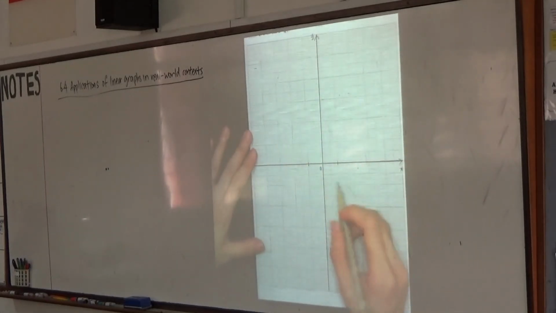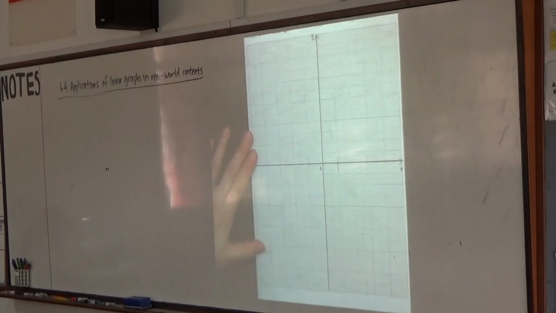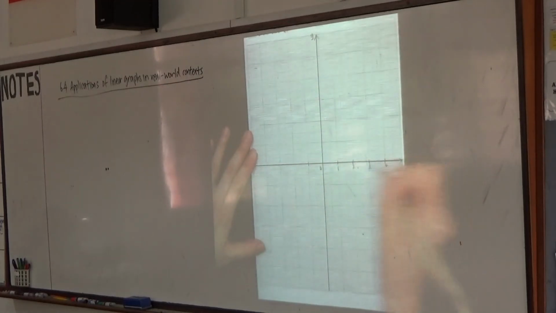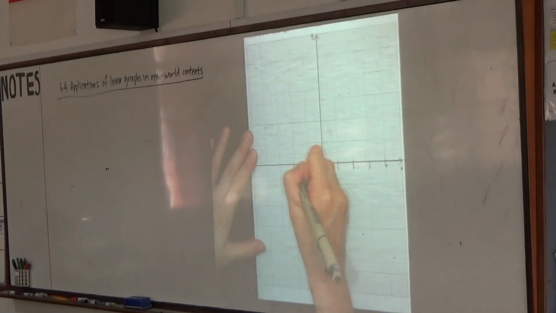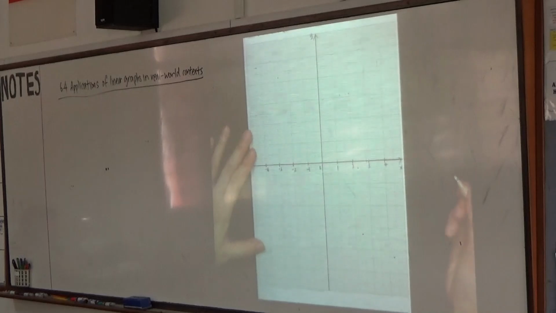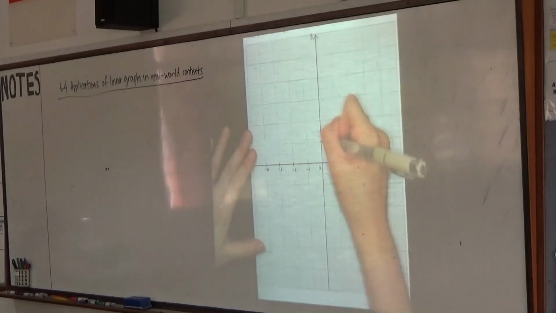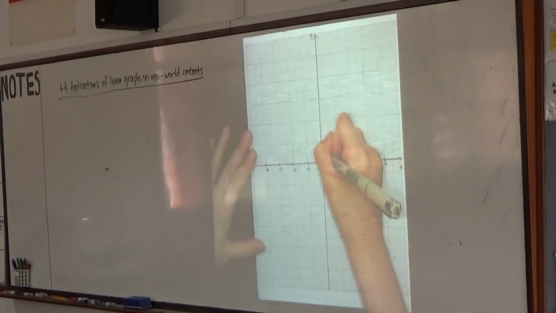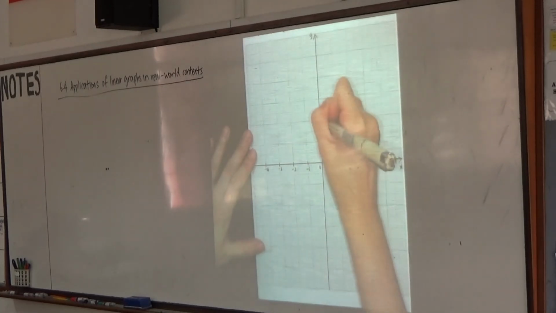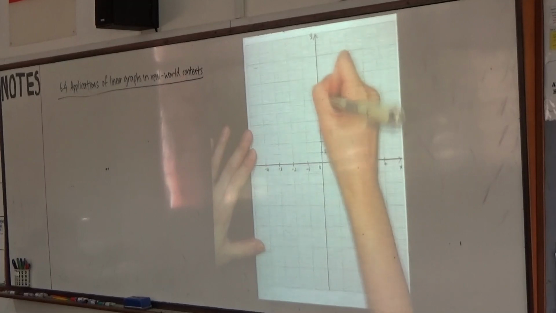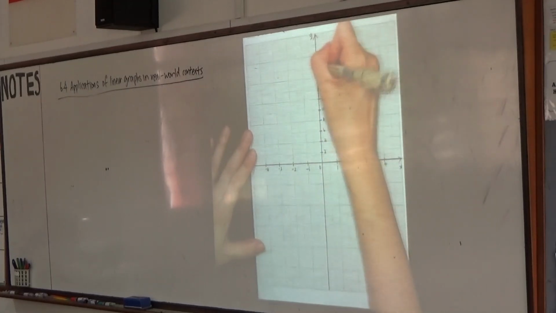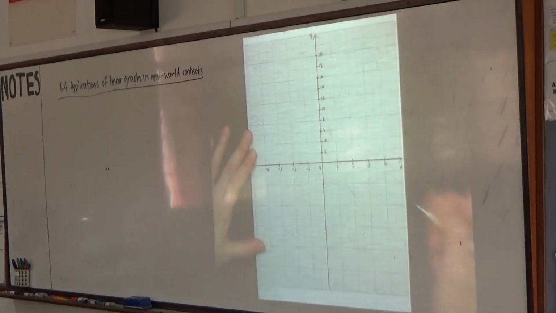For my x-axis, 2 cm to 1 unit, so this is 1 unit, 2, 3, and 4. This is -1, -2, -3, -4. And in my y-axis, I will have 1 cm, 2 units, so this is 2, 4, 6, 8, 10, 12, 14, 16, 18, 20.